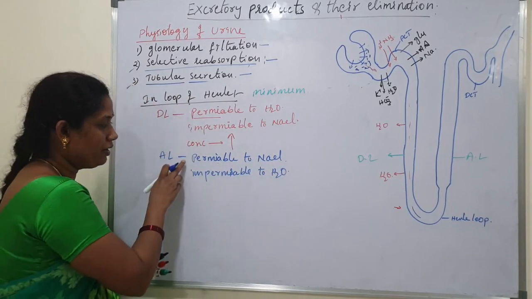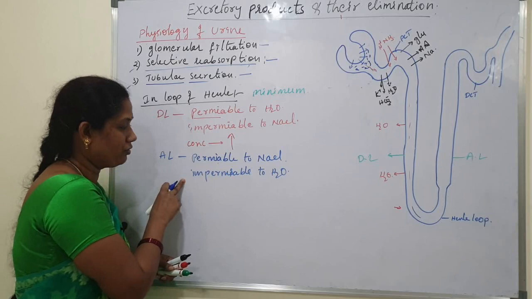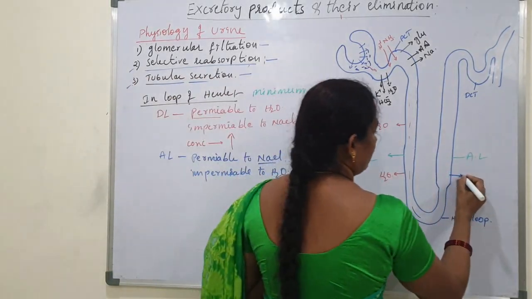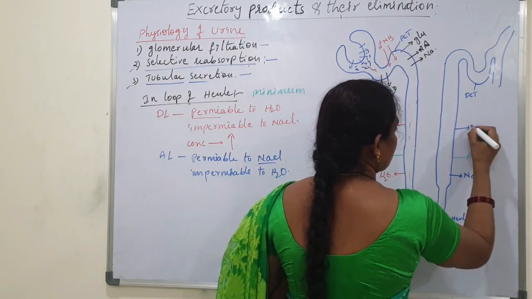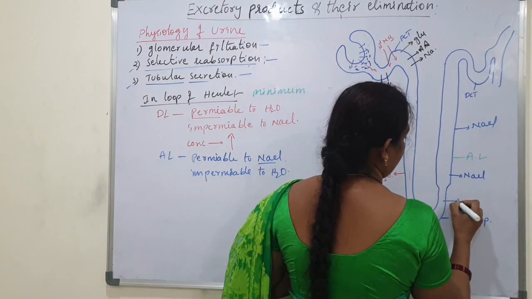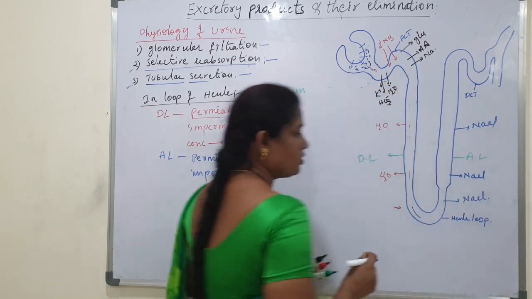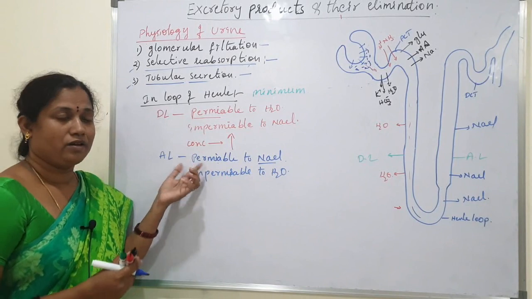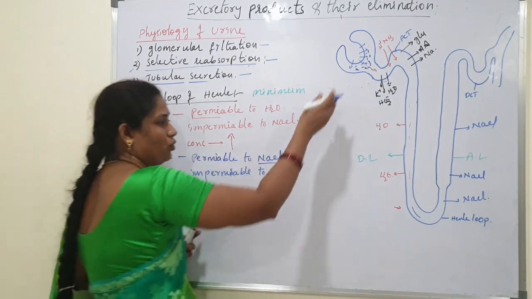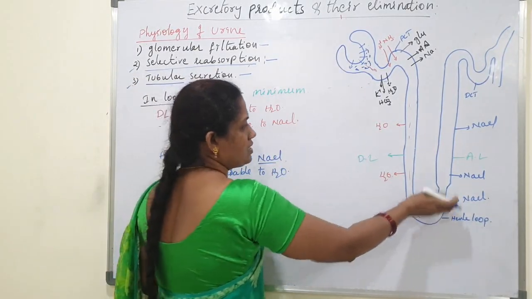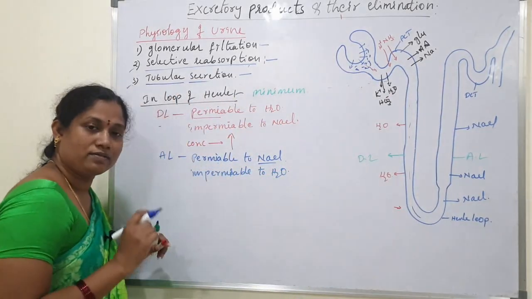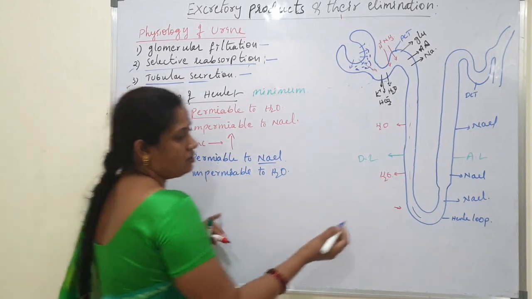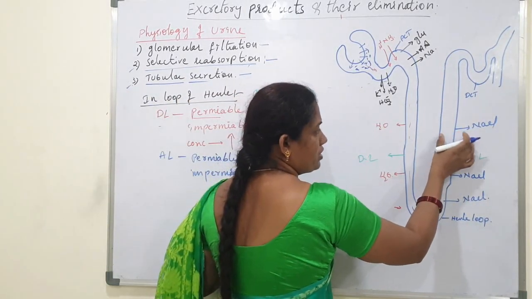It allows only sodium chloride to be absorbed, and water is not reabsorbed here. So in the descending limb only water is reabsorbed, and in the ascending limb only sodium chloride, the salts, are reabsorbed.